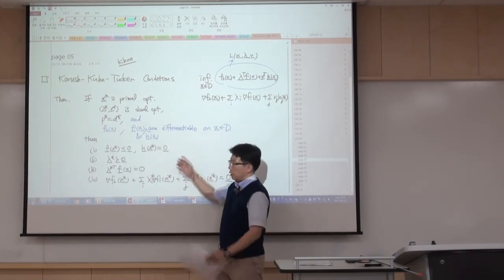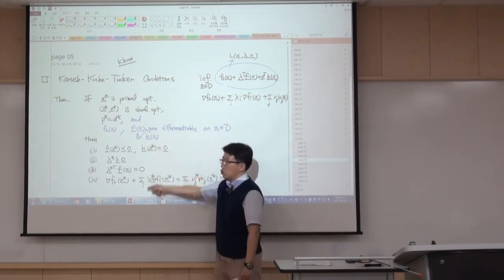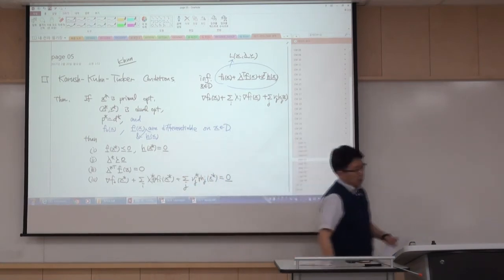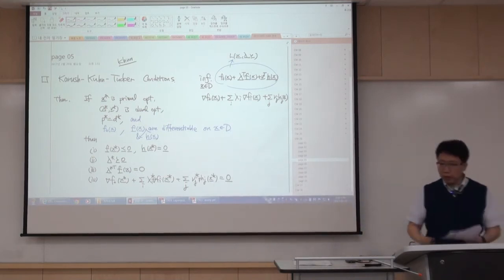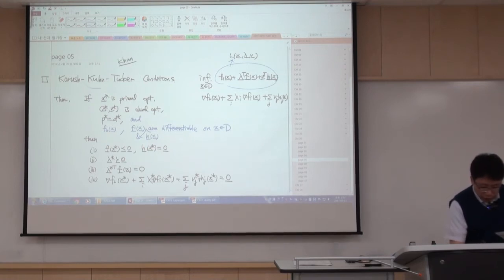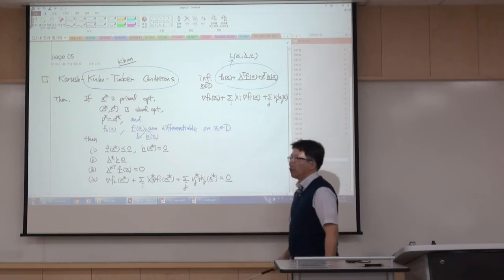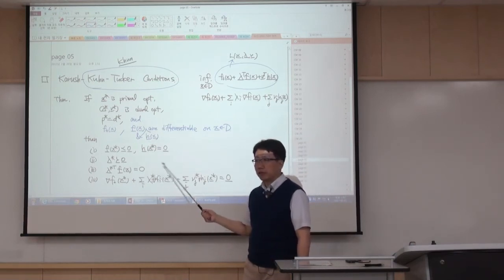But anyway, Stephen Boyd and his co-author just want each of these conditions to be satisfied. Anyway, sometimes you see Kuhn-Tucker conditions. It's not different from this one. They are the same.